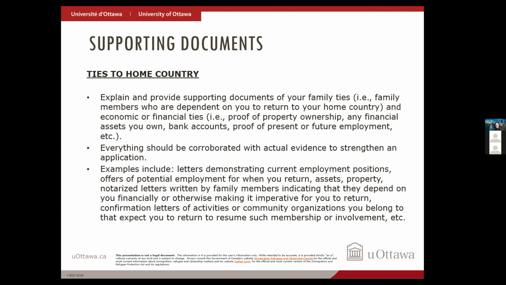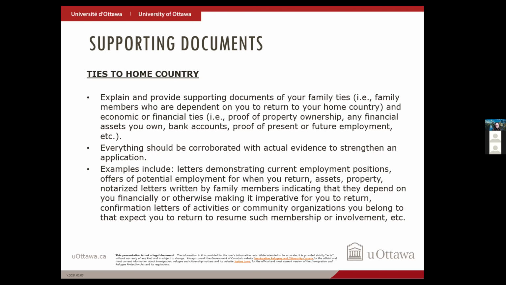If you're talking about property that you own, include a document that proves the ownership. If you're talking about your father funding your studies, include your father's employment details, bank statements, everything. As much as possible, you do need to prove it in your application.